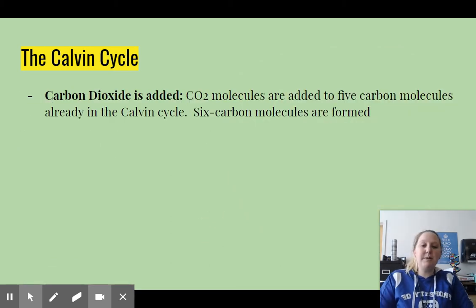The first thing that happens in the Calvin cycle is that carbon dioxide gets added. There's a 5-carbon molecule already inside of the Calvin cycle. We take a 6th carbon from carbon dioxide in the atmosphere to produce that 6-carbon molecule in the cycle.